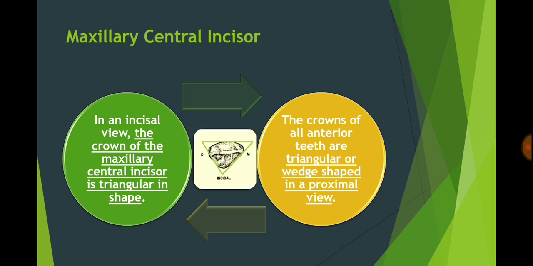When you look at a maxillary central incisor in the proximal view, it's a triangular shape, and in the proximal view the base is at the cervical and the apex is at the incisal. When you look in the incisal view, the base of the triangle is at the labial, and the apex of the triangle is at the cingulum. All right. The crowns of all anterior teeth are triangular or wedge shaped in the proximal view, as we saw earlier.